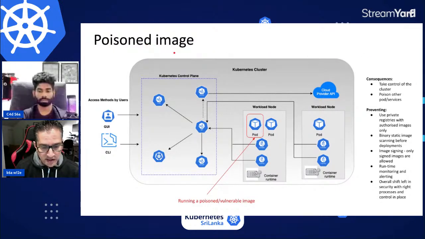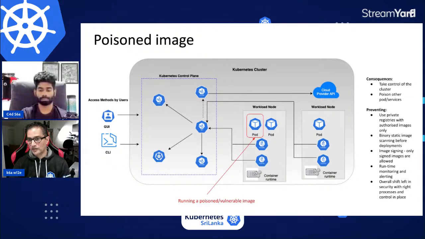Poisoned images are very well known these days. A lot of the time people download images from Docker Hub. Docker Hub has millions and millions of images, and most of the time, without knowing, they have vulnerabilities within them.